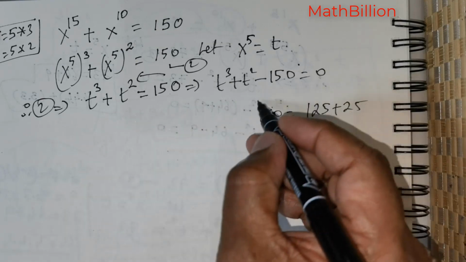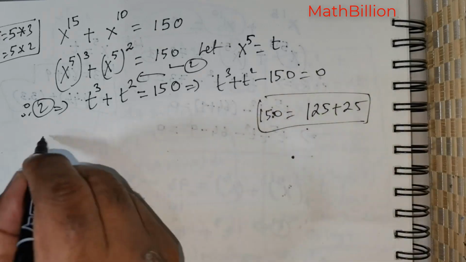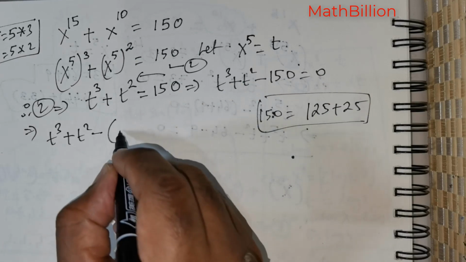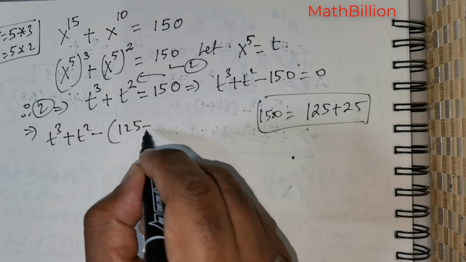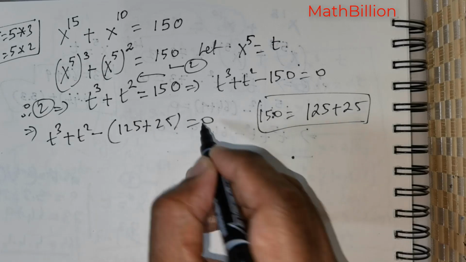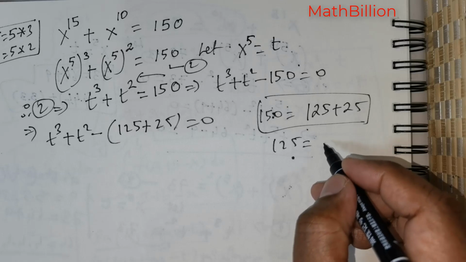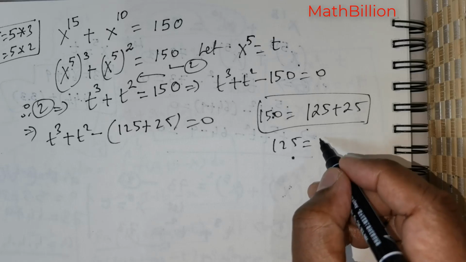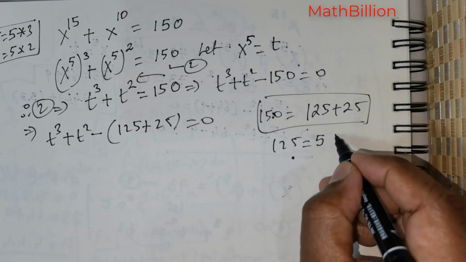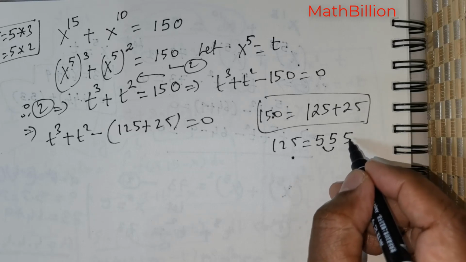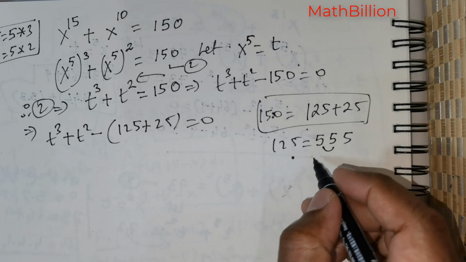So that's exactly what I'm going to do. So this is going to be t^3 + t^2 - 125 + 25 = 0. Now 125 is nothing but 5 into 5 into 5. 5 times 5 is 25, 25 into 5 will give me 125, right?